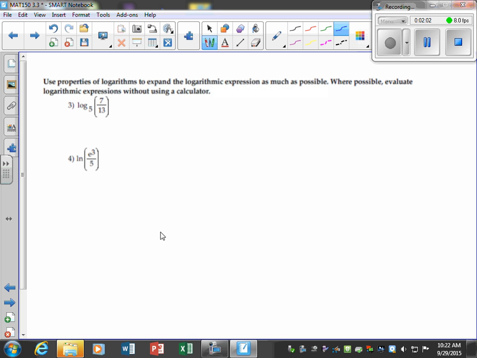So we could rewrite number 3 using our property as log base 5 of 7 minus log base 5 of 13. These are very basic properties to start. Let's do the same thing in number 4. Let's rewrite: the natural log of e to the 3 minus, because it's a division, natural log of 5.